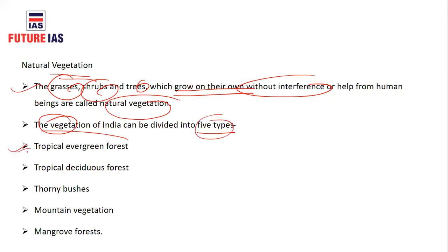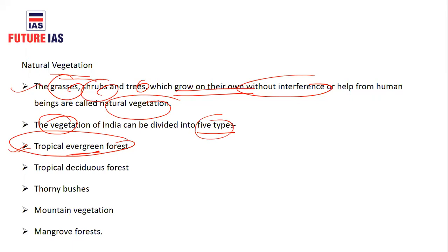Tropical evergreen forest. Evergreen का मतलब होता है they always look evergreen. During the autumn time or during summer time, few trees basically shed their leaves to conserve their water. What is happening is, in the evergreen forest you will not have a precise time to shed the leaves of every tree.